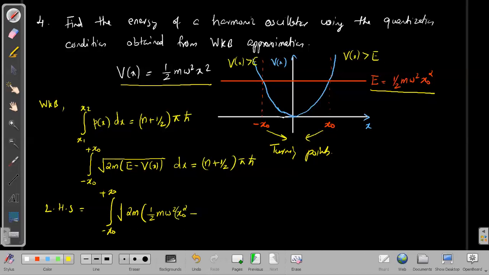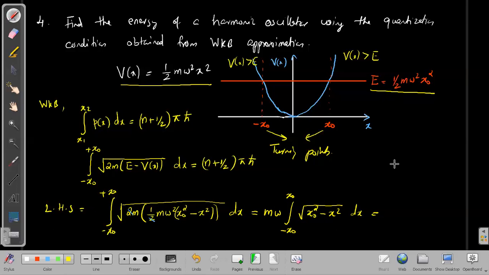Half m omega square is common, so the 2 would cancel, and root of m square omega square can be written as m omega. The integral from minus x0 to plus x0 of square root of (x0 square minus x square) dx.